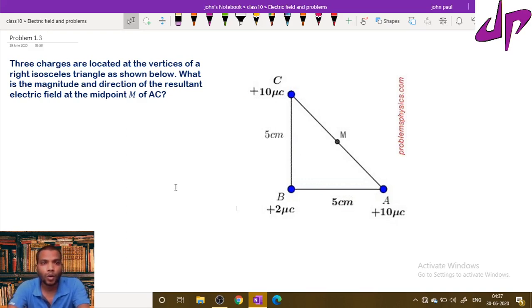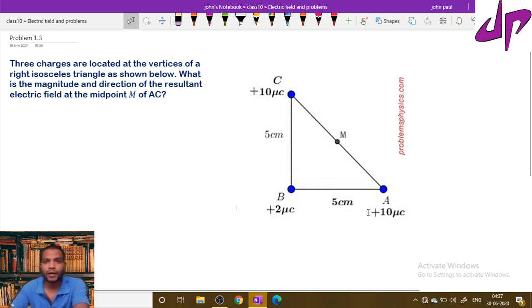Three charges are located at the vertices of a right isosceles triangle as shown in the figure. What is the magnitude and direction of the resultant electric field at the midpoint M of side AC?